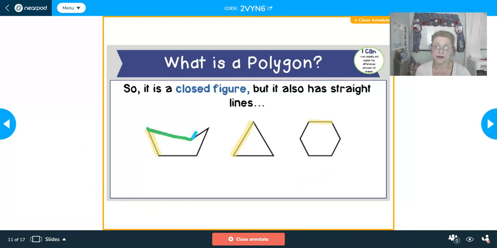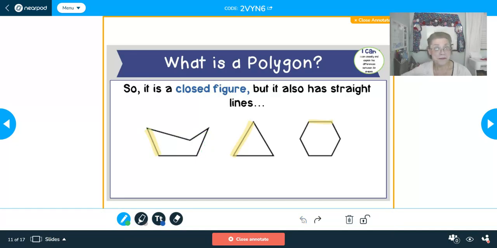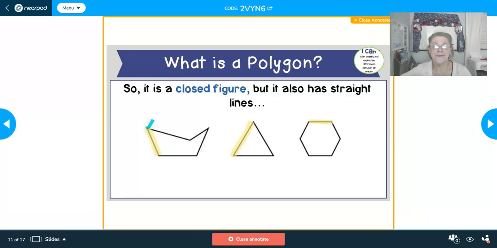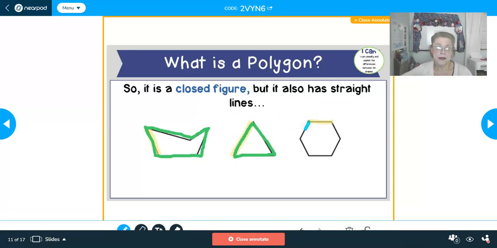I mean, we're going to have to pretend like Miss Smith knows how to draw a straight line. Yeah, that's not happening today, now is it? But all of these are made of straight lines.